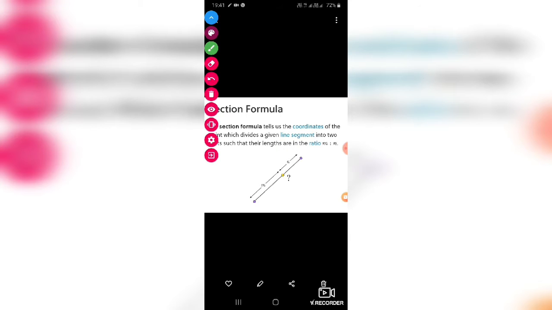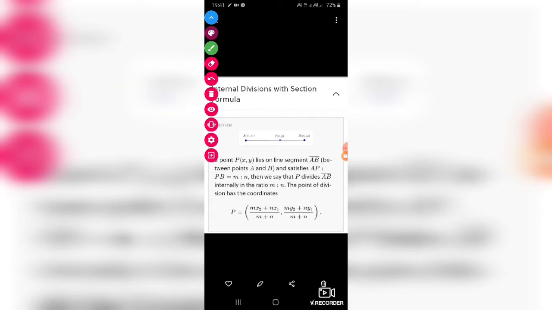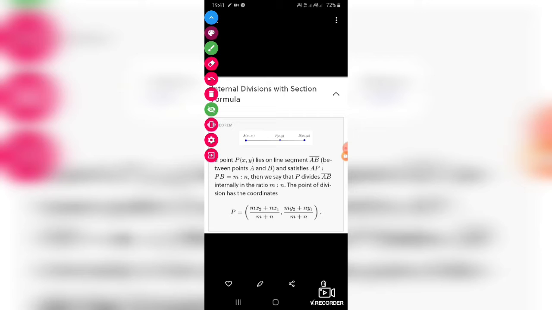So class, there is a direct formula given to us for internal division. Suppose the point that we want to determine is internal, then how will we do it? Class, you can see that this is x1 y1, this is x2 y2, and this is in the ratio m:n. This is AP to PB, AP to PB is m:n.